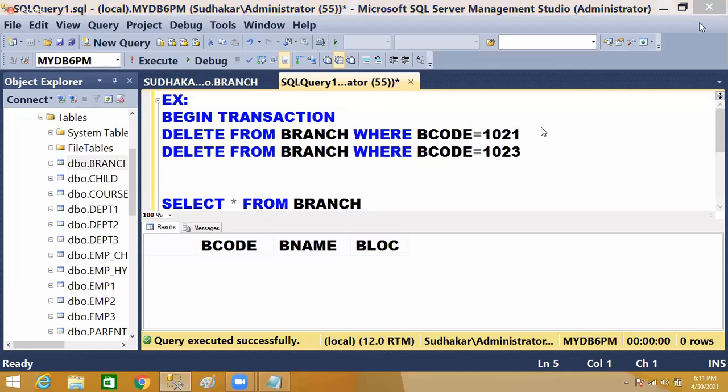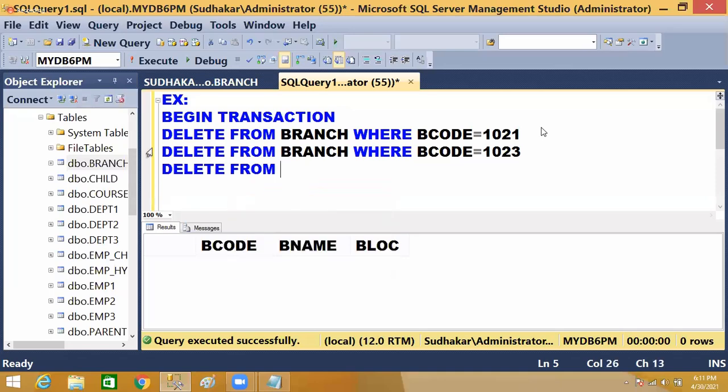The same pattern for the next one: delete from branch where bcode is equal to 1025. Now I'm going to execute this entire transaction, guys, deleting 1021, 23, and 25.